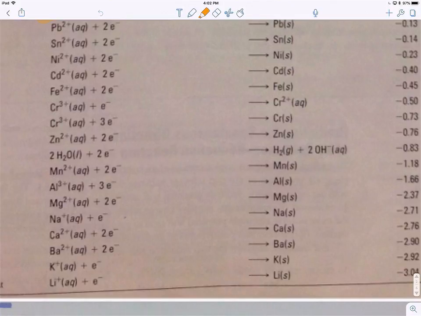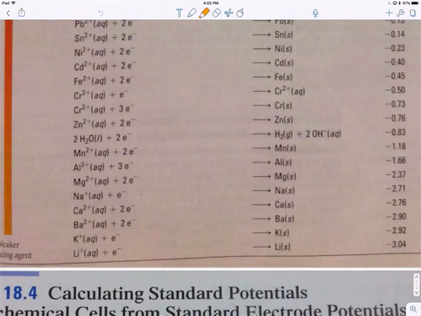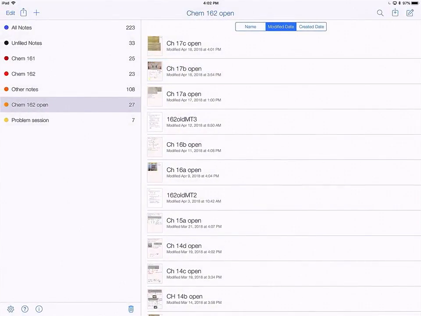Lithium is at the very bottom, that means it's the most reactive. But aluminum is pretty far down. Aluminum is more reactive than manganese and a lot of things. So aluminum is a reactive metal, but you don't think of it as a reactive metal. Why? Because it's got a coating of sapphire around it, at least in an oxygen atmosphere.